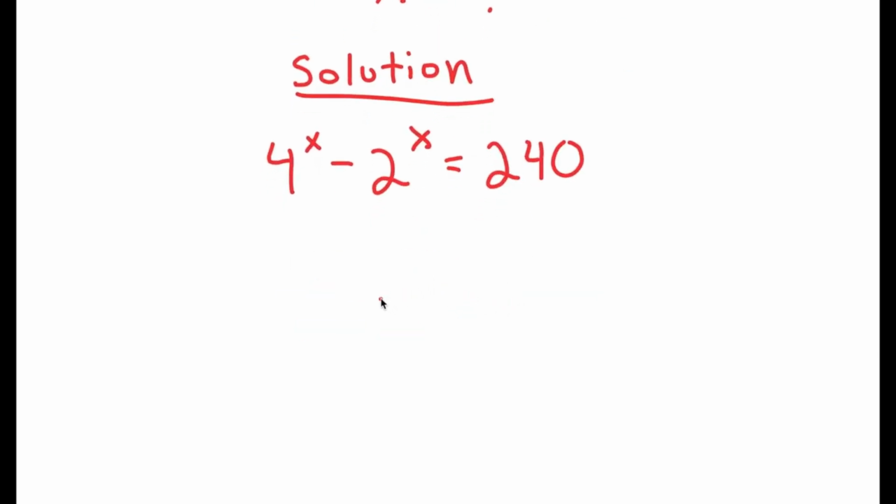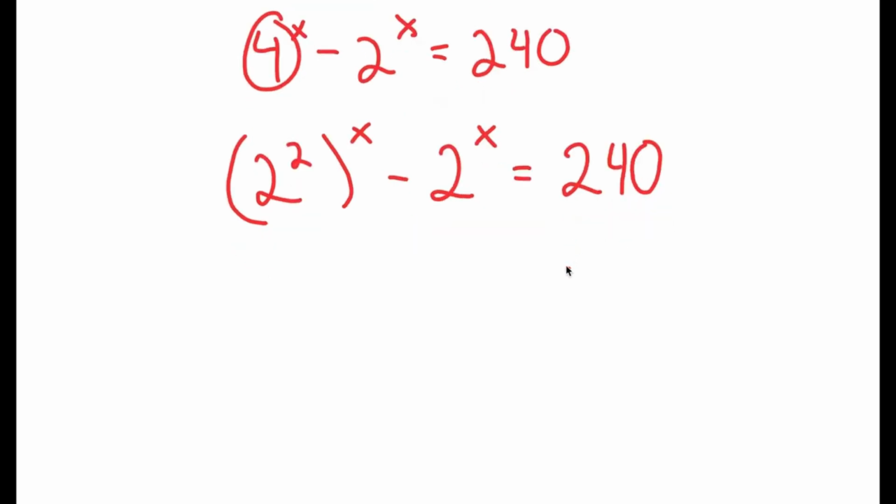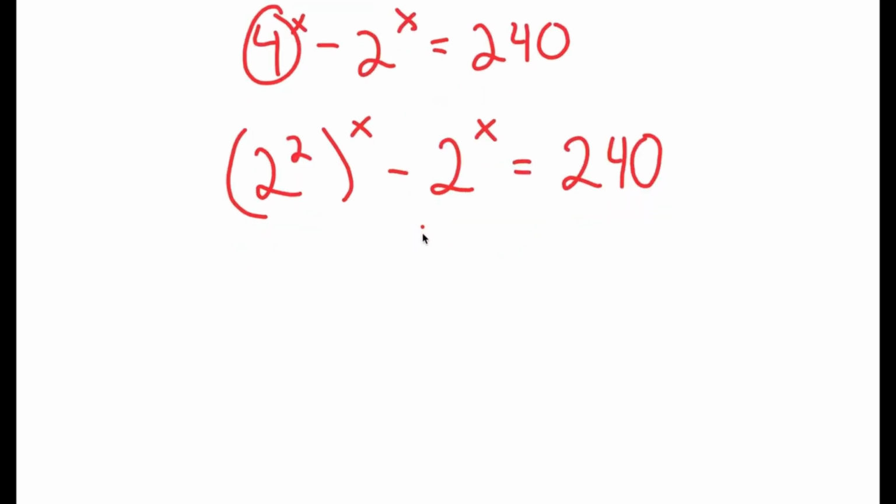And from here, I'm going to rewrite 4 as 2 squared. So I get 2 squared to the power of x minus 2 to the power of x is equal to 240. Now, I can use the property a to the power of m to the power of n is equal to a to the power of m times n.